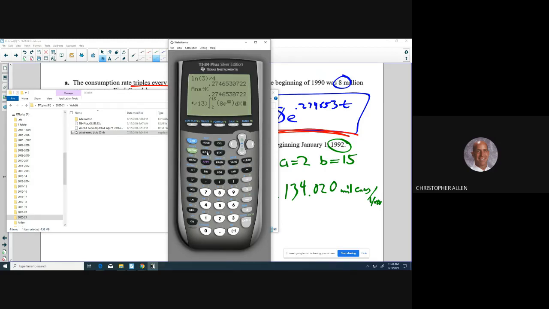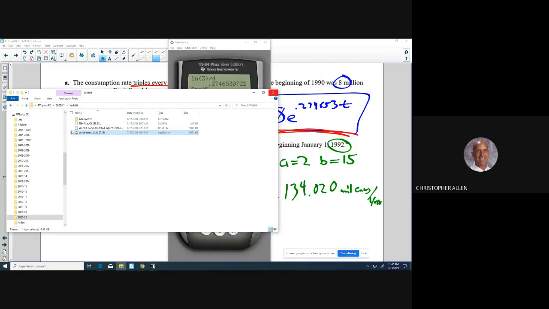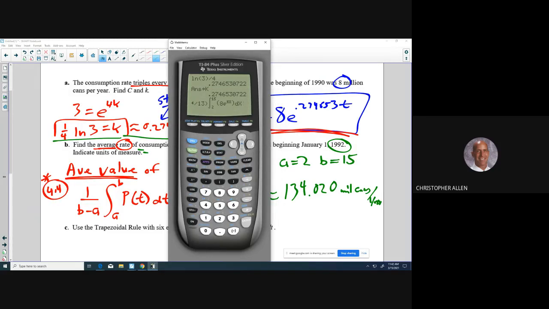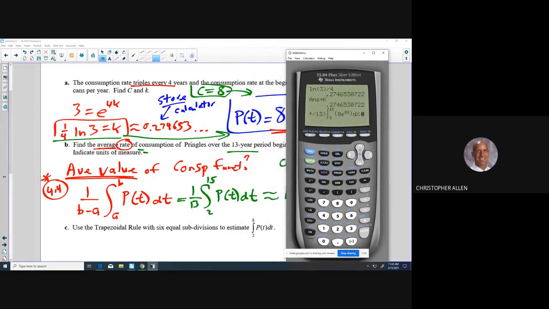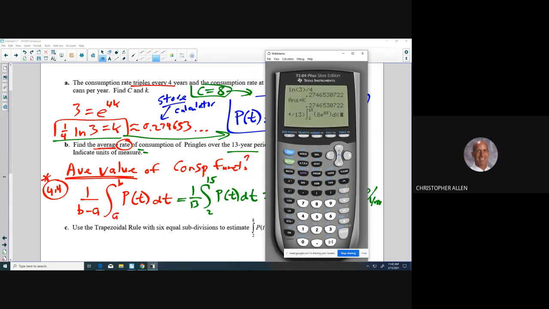Does that make sense? Can you see? The nice thing about these calculators is it looks almost identical to what we were doing right there on the problem. So I got the 1 over 13 integral from 2 to 15, and then here's 8 e to the kx.